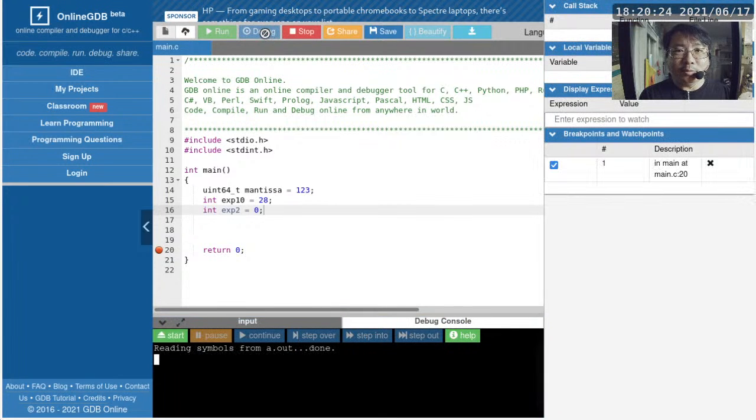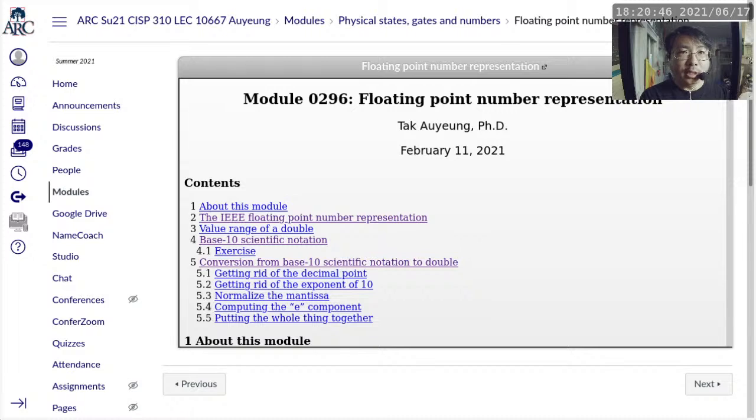We'll try it one more time. There we go. And we can see there are no local variables because they all got optimized out. Okay, so let's take a roll first, and then we'll get back to this, and then I'll illustrate the general approach of doing the conversion from base 10 to base 2 scientific notation.